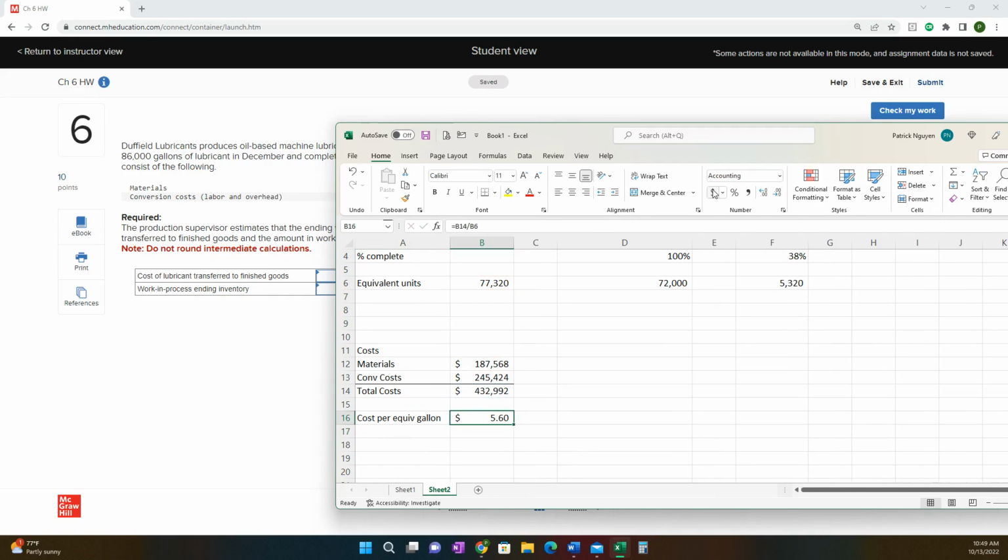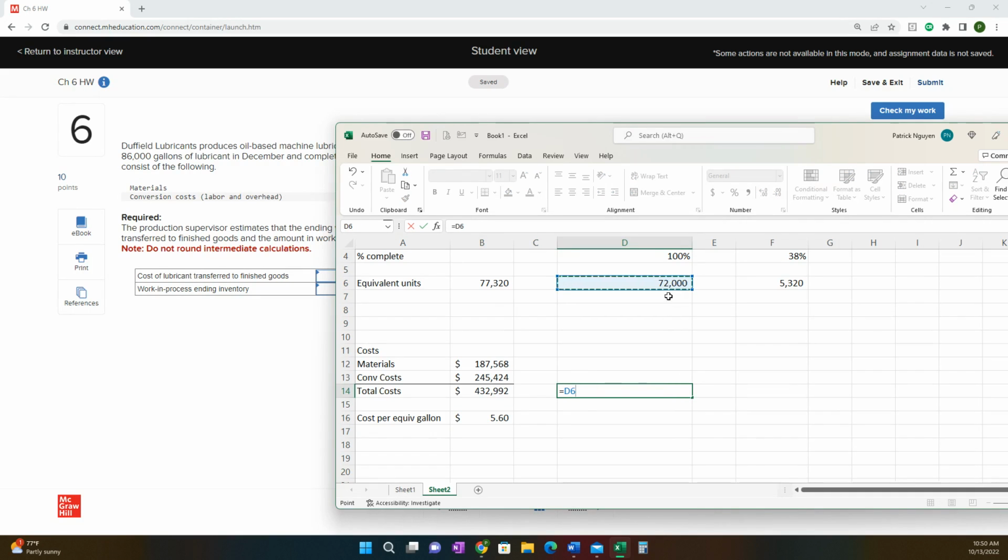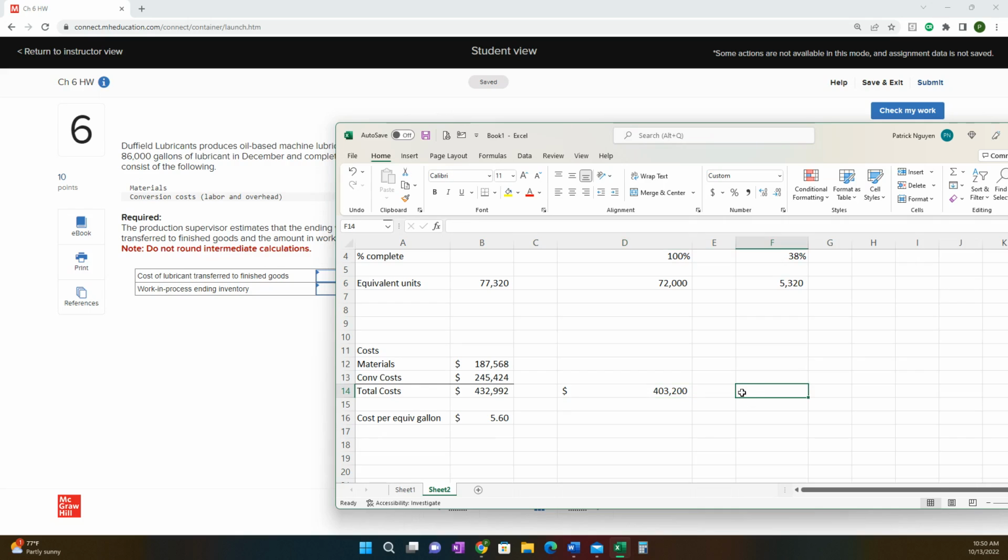So for finished goods, we had 72,000 gallons that were finished. We multiply that by our cost per equivalent gallon, and so we get $403,200 in finished goods. And in our work in process inventory, we're going to take our 5,320 gallons times the cost per gallon, and we get 29,792.